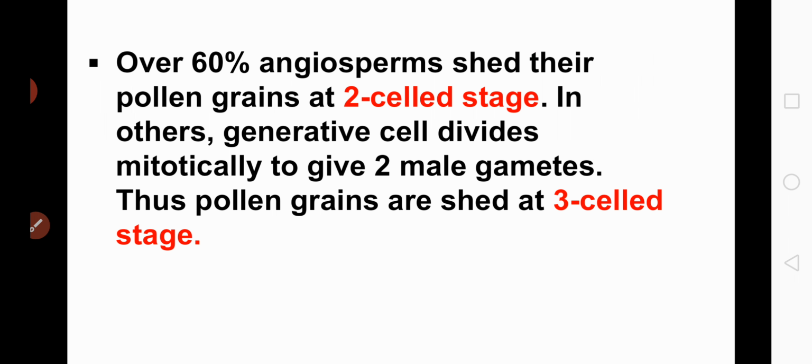Okay, now over 60% of angiosperms shed their pollen grains at the two-celled stage. In others, the generative cell divides mitotically to give two male gametes. Thus, pollen grains are shed at the three-celled stage.